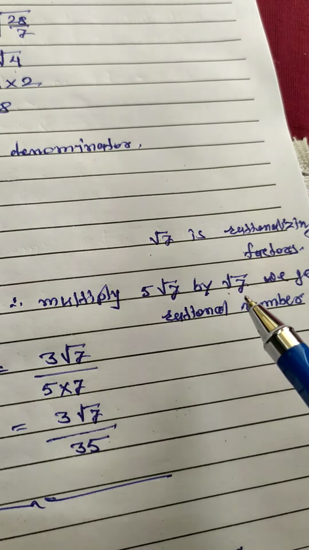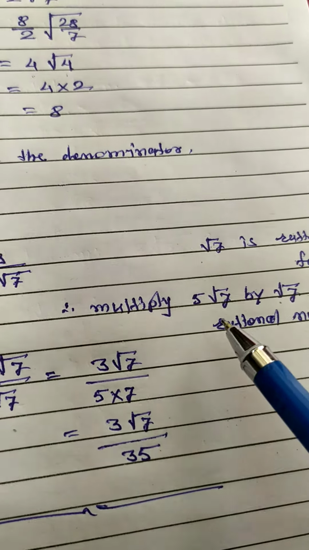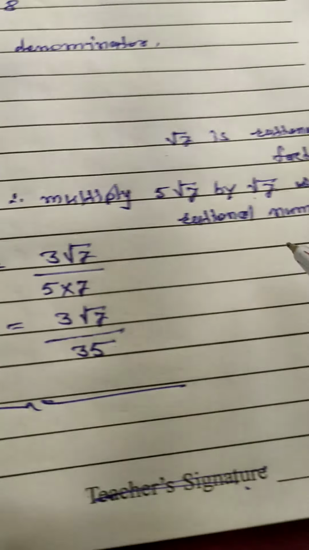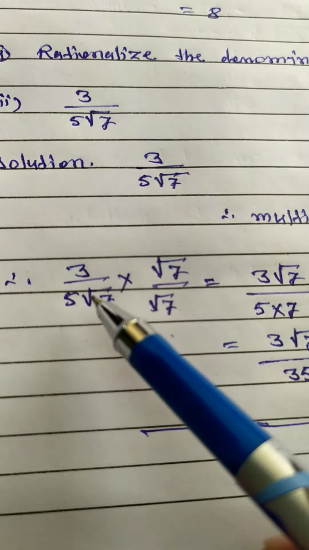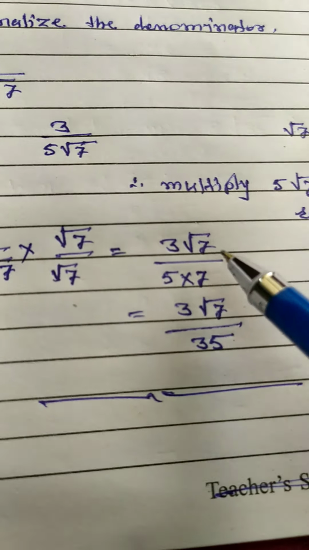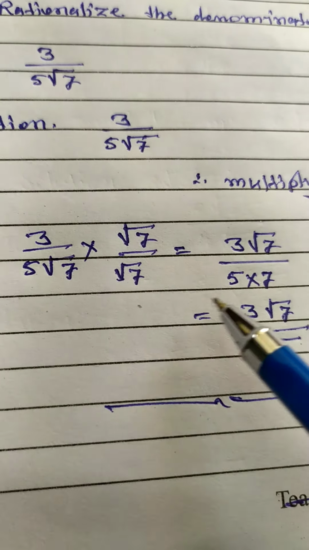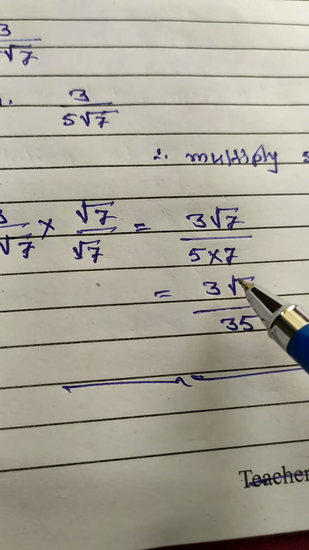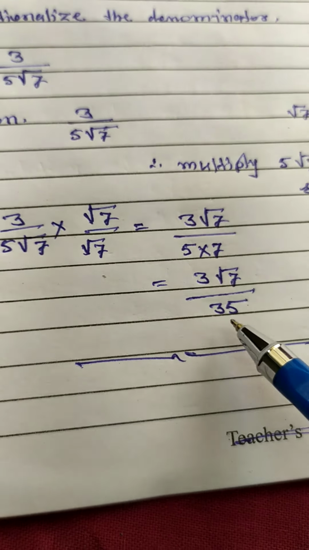So this root 7 is the rationalizing factor of this 5 root 7, that is the multiplying factor. So I multiply this root 7 to the denominator and numerator. Now 3 into root 7 in the numerator and 5 as it is. Root 7 into root 7 means only 7. So again I write 3 root 7 in the numerator and 5 sevens are 35. In this way we solve this example.